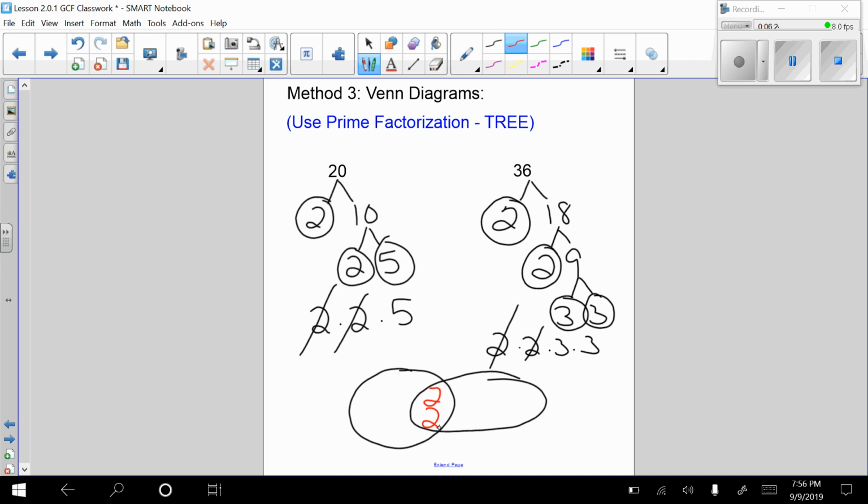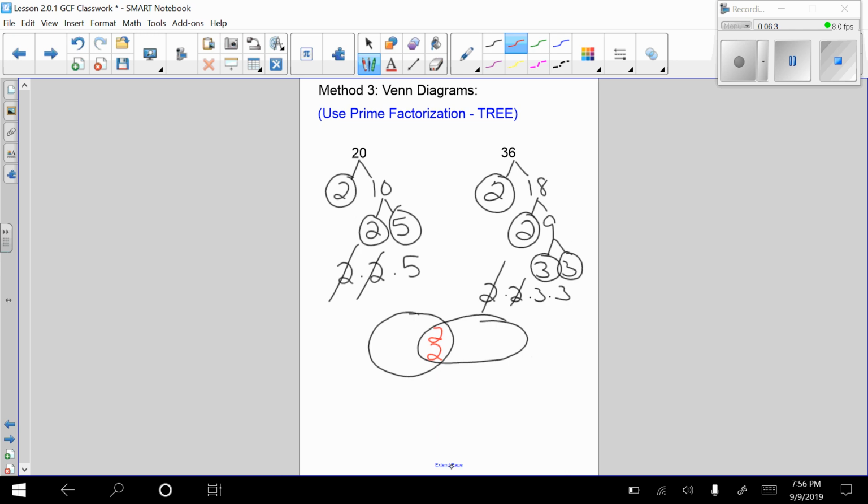I only put 1 from the pair in the middle. I have nothing else in common. So in the middle, I can see I have 2 and a 2. Well, 2 times 2 equals 4. That is my GCF. If I multiply everything that they have in common, it gets me my GCF.